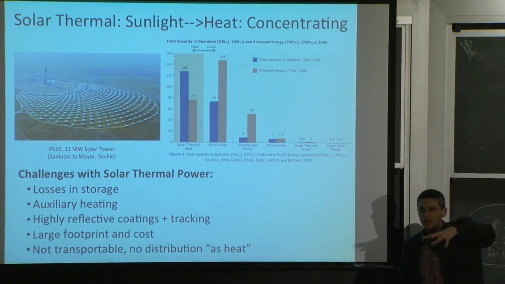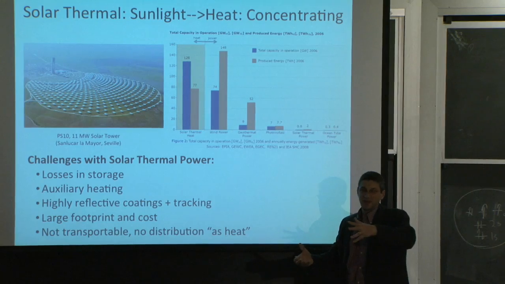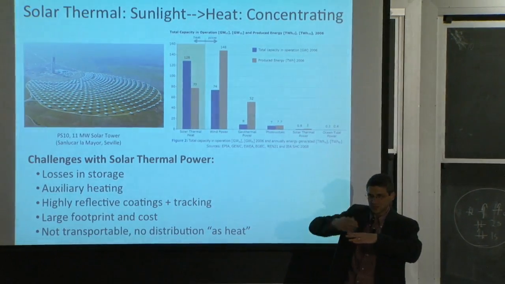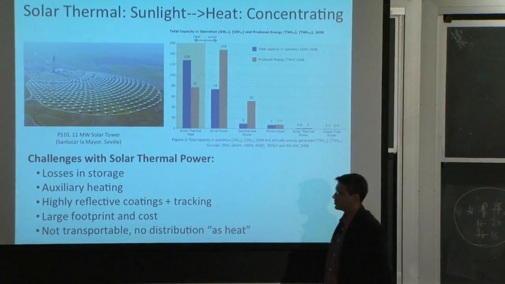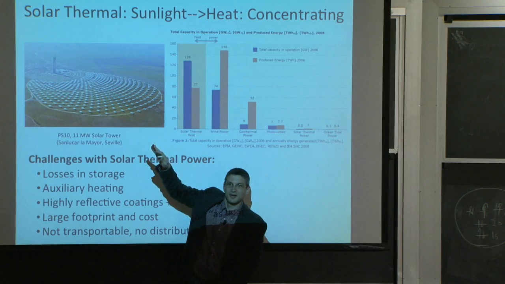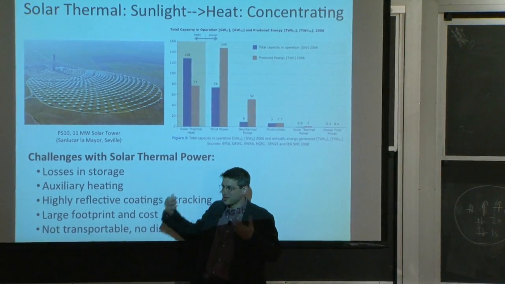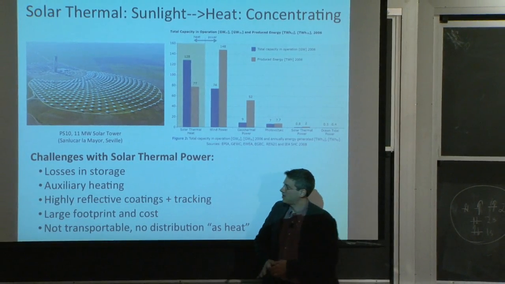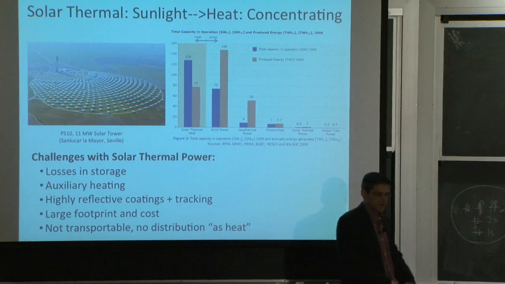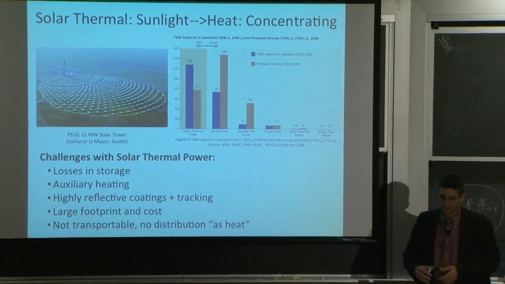You get it up to a really high energy over the phase change. You all took 30212. No, many of you did. So you know about when I say phase change, you're going up this heat, right? This latent heat, and you're storing a bunch of energy that way, and then you want to keep it up there. So you actually pump in fossil fuel energy because it's re-radiating heat out and losing energy, and you don't want it to slip back down. That's not a good thing. And really importantly, this is not transportable. So you can't use heat from the sun except where you make it.